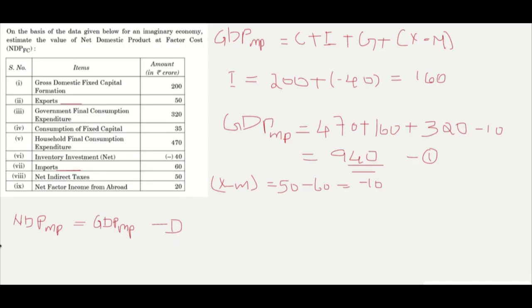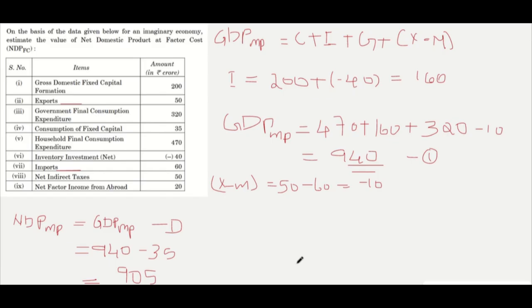Let's substitute the values. What was the GDP MP? That is 940, right? So it is 940 minus what is depreciation? Consumption of fixed capital, that is depreciation. So minus 30. That will give you 910, right?